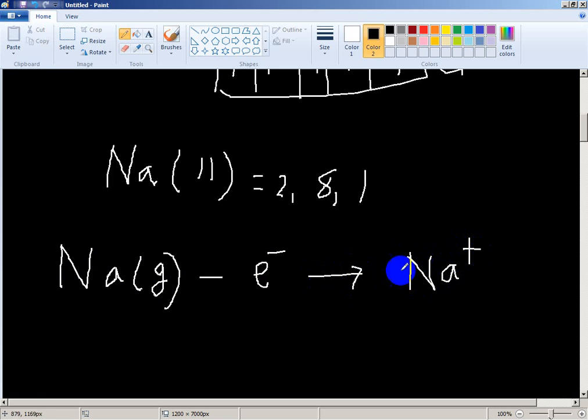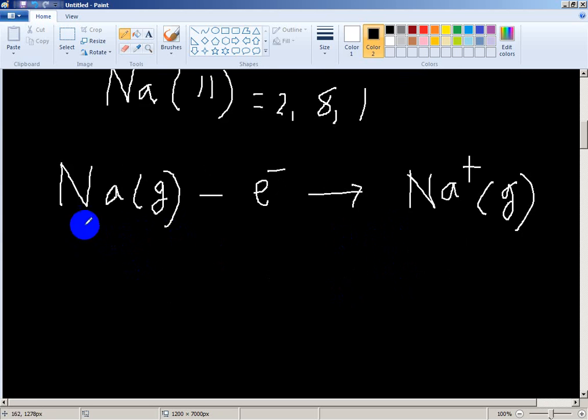So it becomes 1 positive charge. Why does this become 1 positive charge? Because sodium, do you know how many electrons this sodium atom has? I have already written 11 electrons. So how many protons? 11 protons, because the atom is electrically neutral.